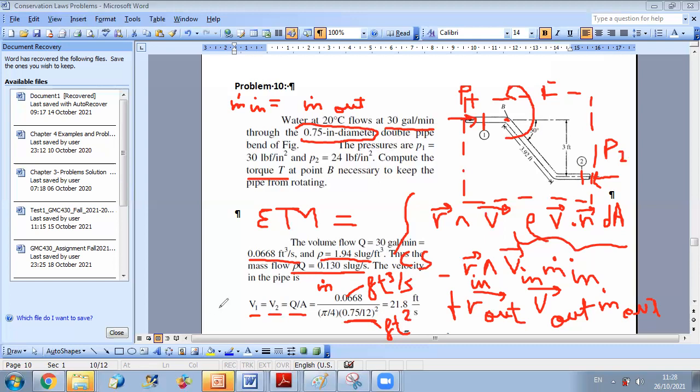Now, once we are done with the calculation of velocities, we are ready to apply the angular momentum relation. So what do we have here?